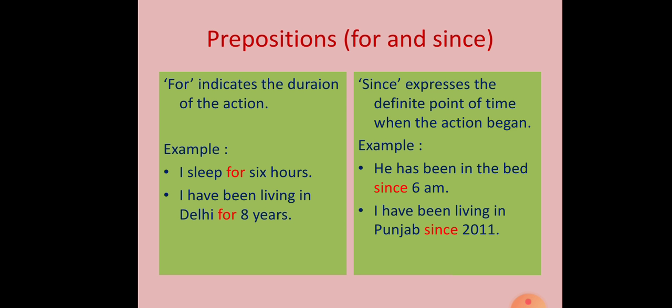So again here it is expressing the definite point of time, that since 2011 I have been living in Punjab. So that is how you can use for and since. Remember, for tells us the duration and since expresses the definite point of time.